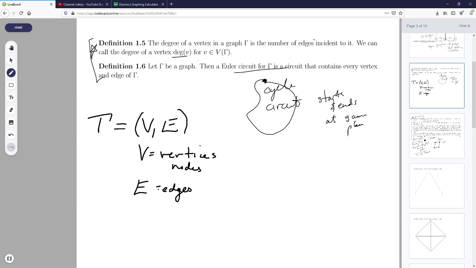This is a capital gamma. I mean, you can also just write G if you want, but it's always nice to hit it with a nice gamma.